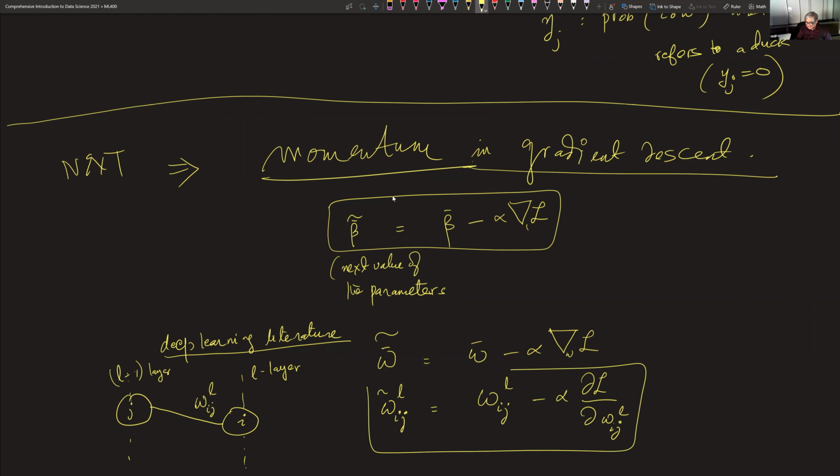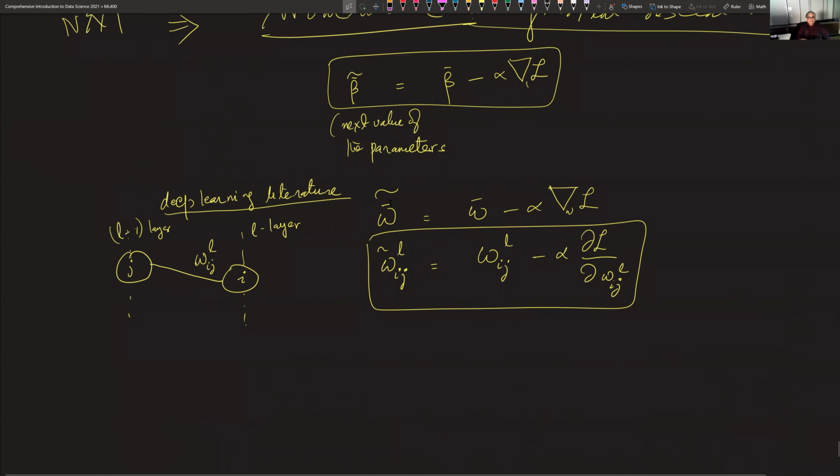This is laying it out in specific pieces. So far, so good, guys. This is the convention that I've been following everywhere in the deep learning fundamentals course. I've replaced beta with this, and here also beta. Any particular beta i tilde is beta i minus alpha dL d beta i, component wise, right? That is what it is. So far, so good, guys. This is, I hope, a recap.